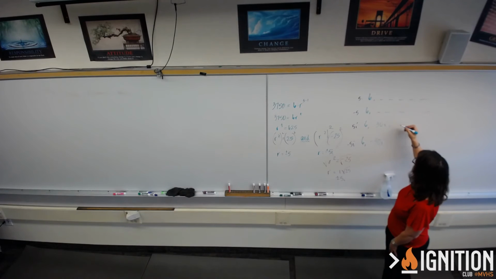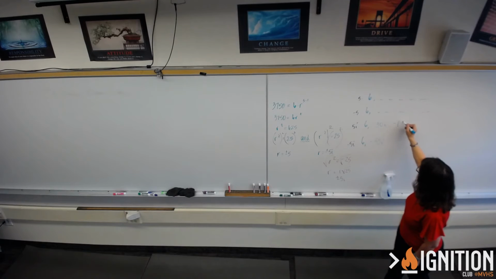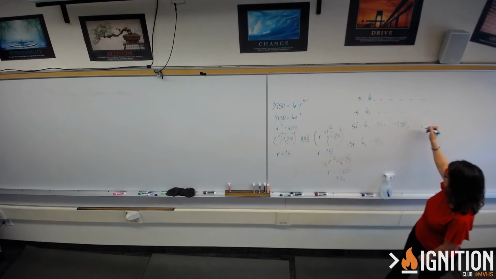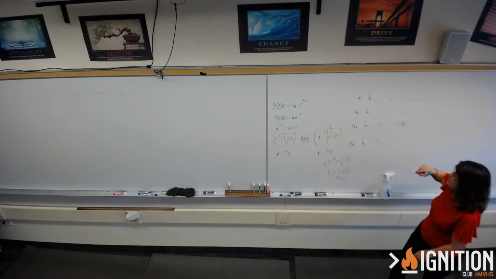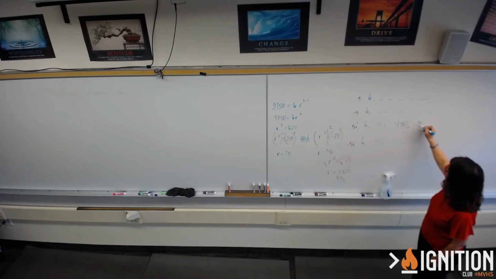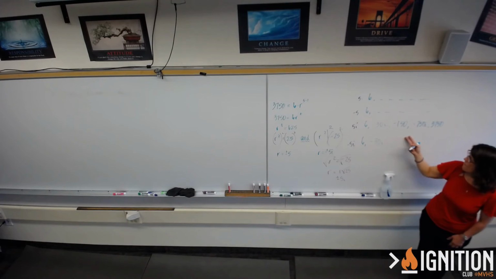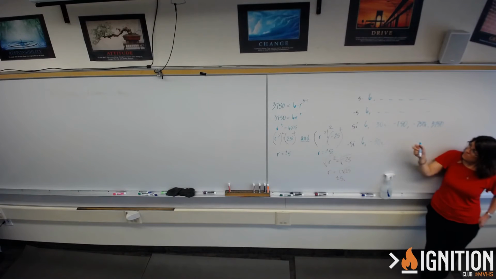What's next? Negative 150. Wait, why would it be? Is that right? Check it out. i squared is negative 1. That's negative 150. That should be a negative.